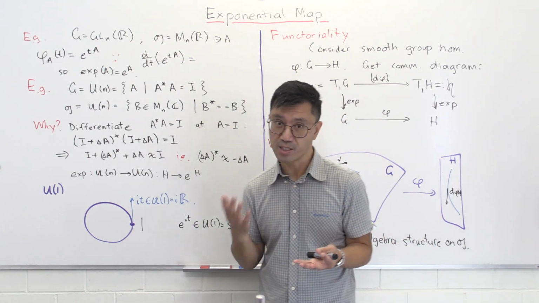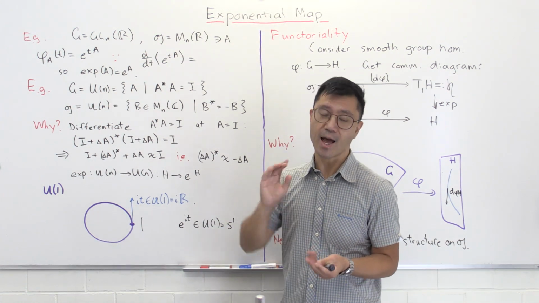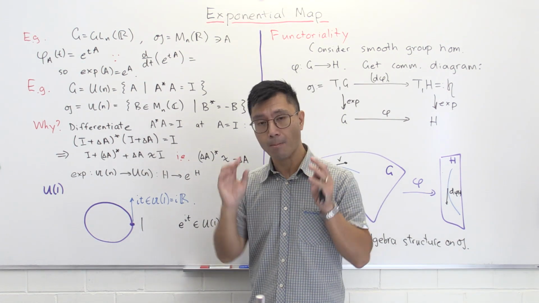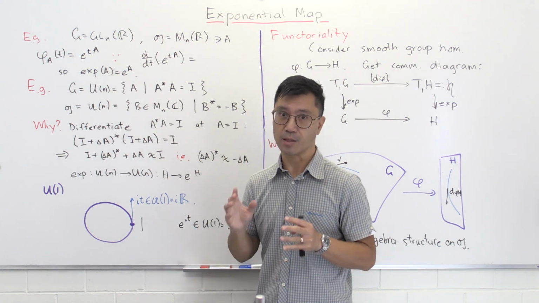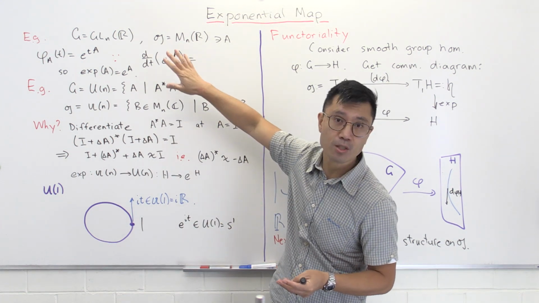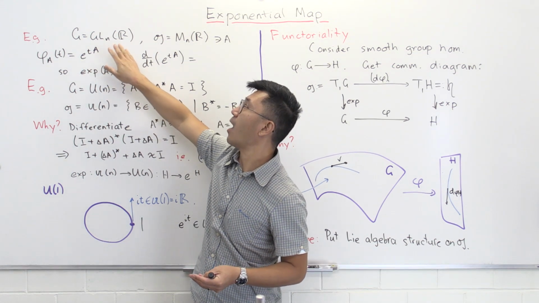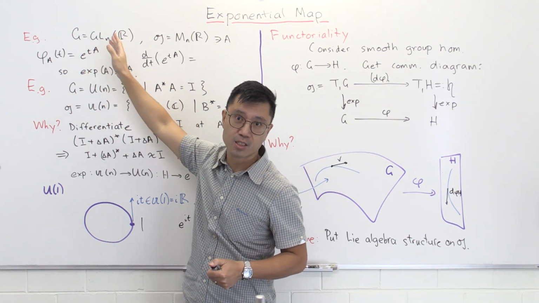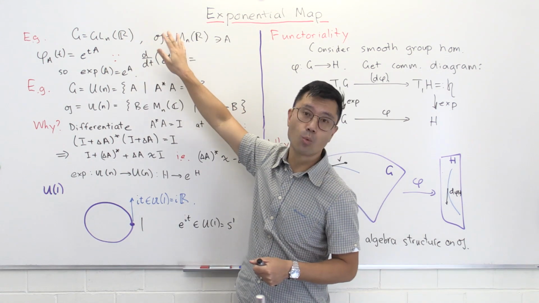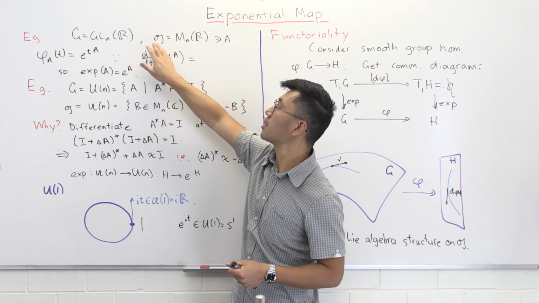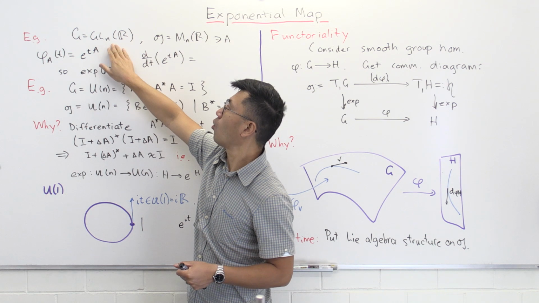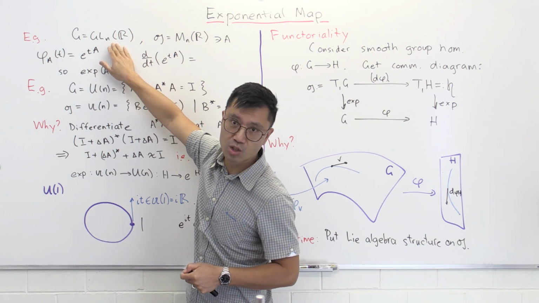So the theory I've presented so far may look rather abstract, but actually it's very concrete in most of the examples that we want to use. The most important example we have here is that G is the Lie group GL_n(R) of invertible n by n matrices over R. So what's the tangent space at 1? This is, of course, just all the n by n matrices such that the determinant is non-zero.